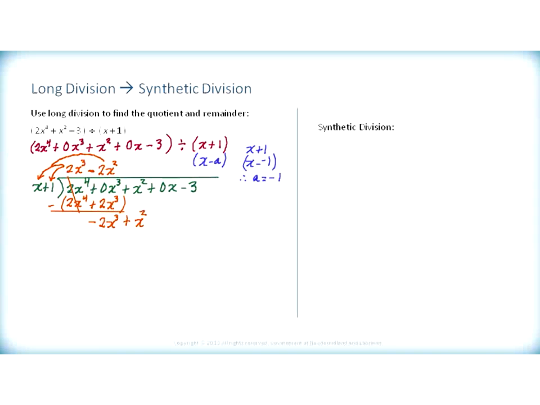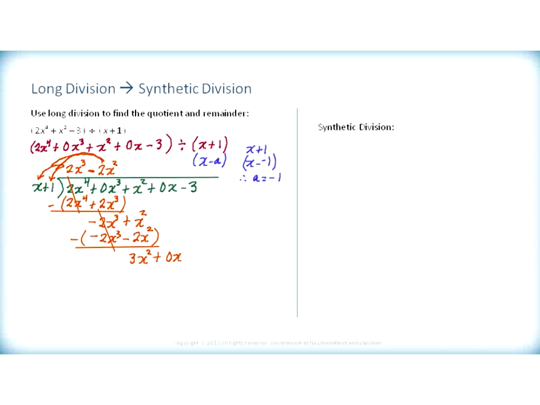Multiply that by both terms in the divisor, and we get a negative 2x cubed minus 2x squared. Again, we have to subtract all of it. A negative 2x cubed minus a negative 2x cubed will cancel to equal 0. X squared minus a minus 2x squared equals 3x squared.